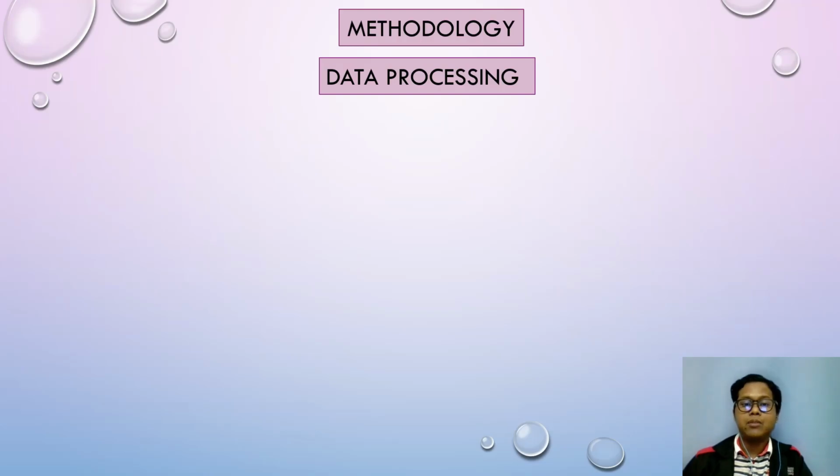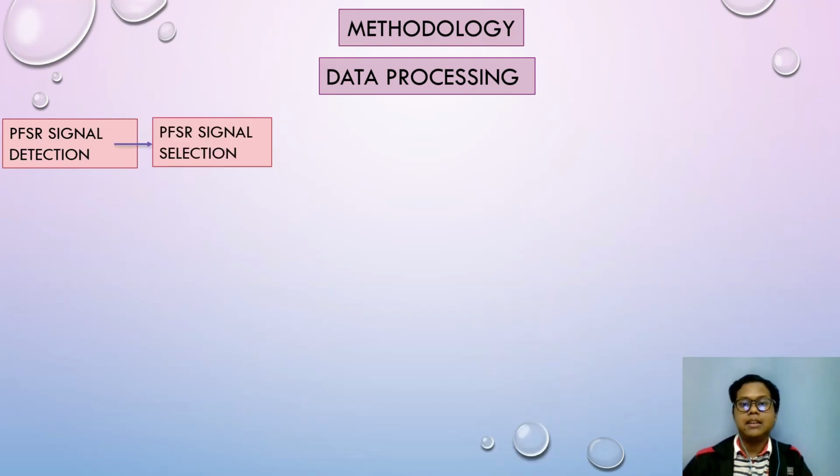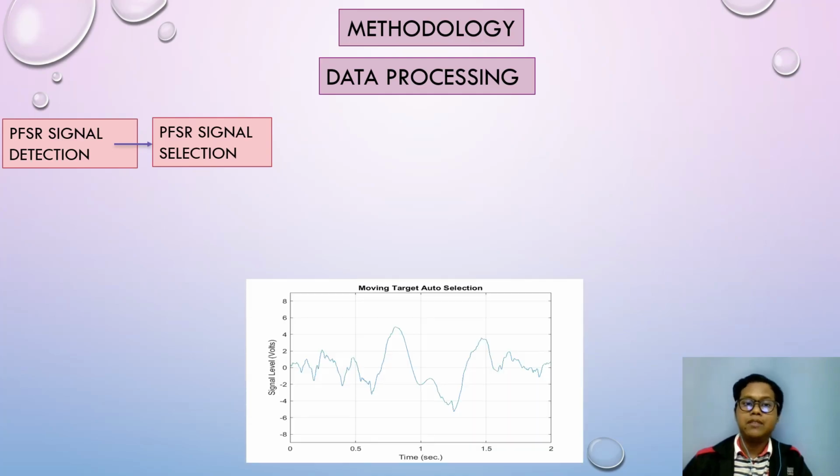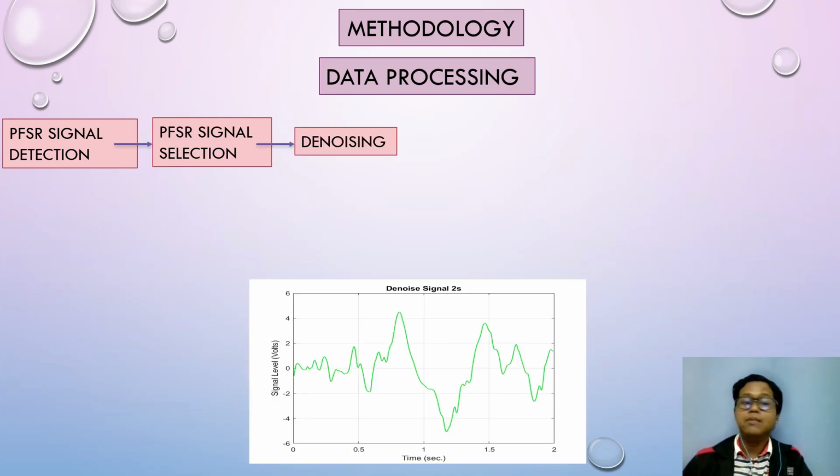As for the data processing, first the signal detection and PFSR signal selection are the number of samples obtained from three different frequencies at three different locations. Next, the denoising process is to remove the unwanted signal that appears in the time domain.